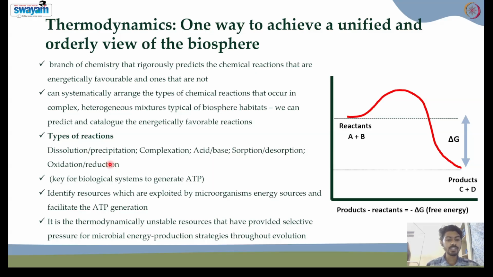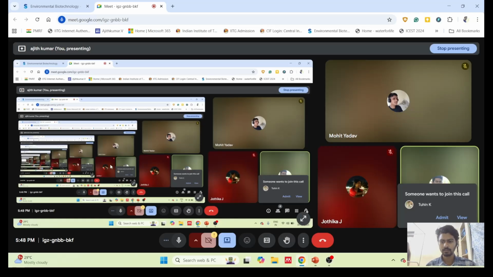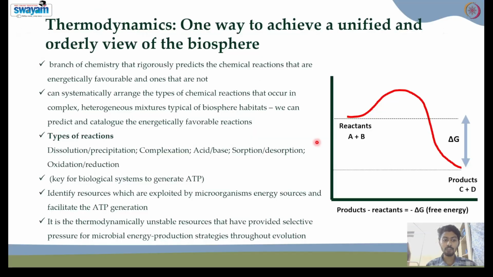And with respect to the environmental biotechnology aspect, we will be more focused on the oxidation and reduction reactions. We have already seen in the previous sections how microbes lose their electrons and gain electrons in order to catalyze or oxidize the organic substance.